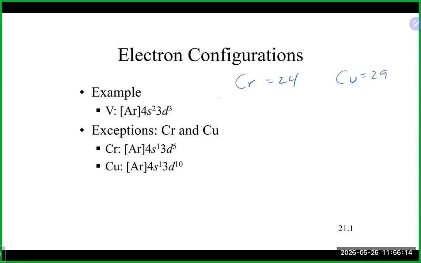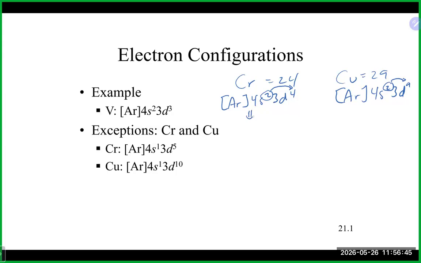If you wrote the regular electron configuration, following that zigzag arrow thing that we just made, you would end up with argon 4s2 3d4 for chromium, and for copper argon 4s2 3d9. And what they've found experimentally is they're actually more stable with an extra electron up in the d orbital and one less electron down in the s orbital.